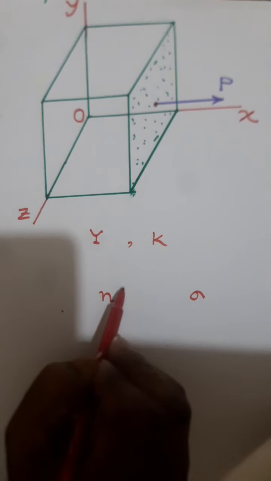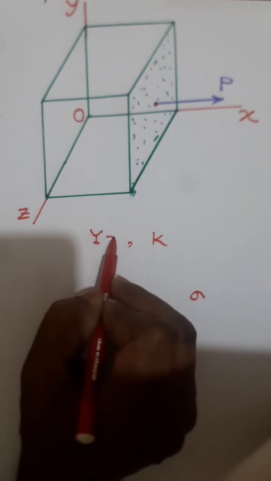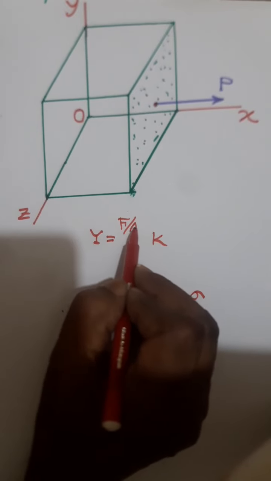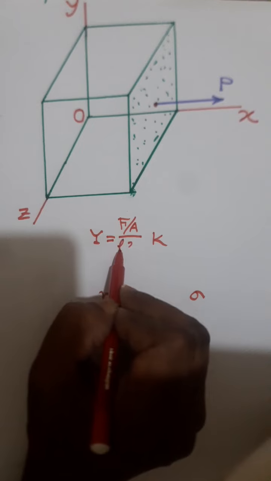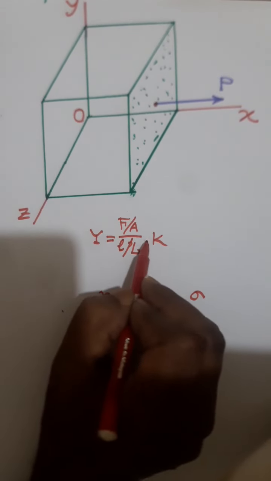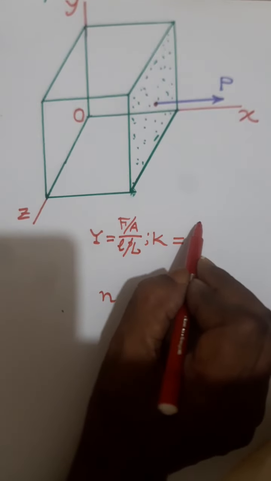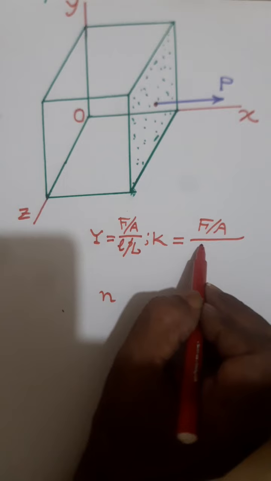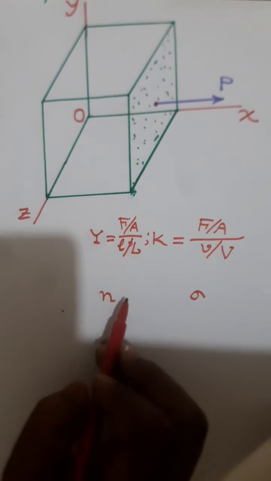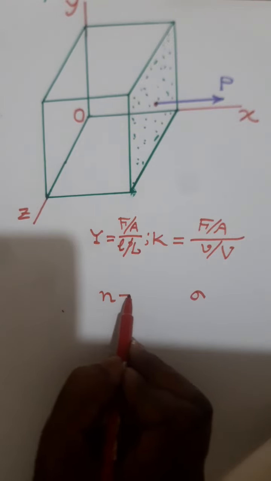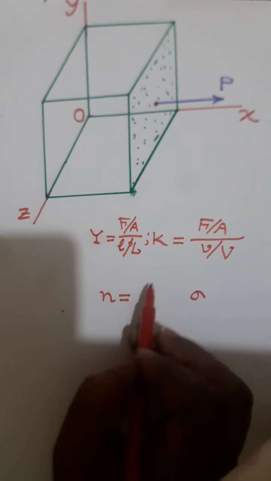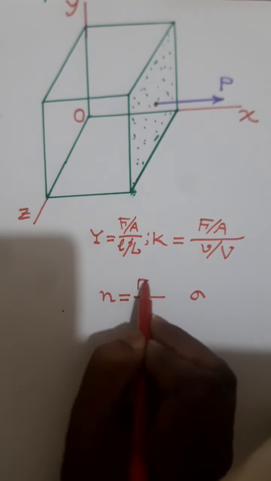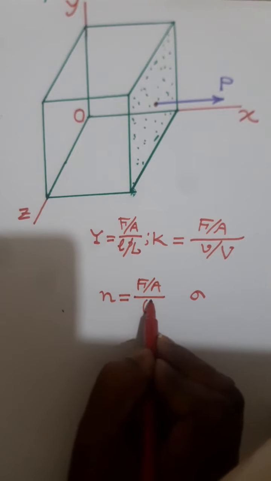Young's modulus is equal to longitudinal stress F by A divided by longitudinal strain small l by capital L. Bulk modulus K is volume stress F by A divided by volume strain small v divided by capital V. Modulus of rigidity n is equal to shear stress F by A divided by shear strain theta.